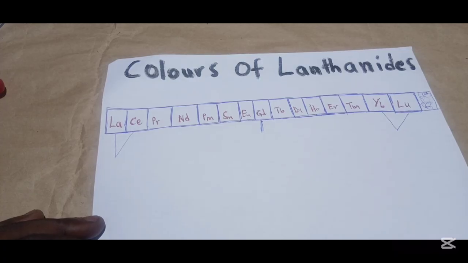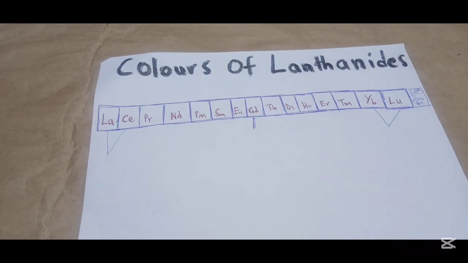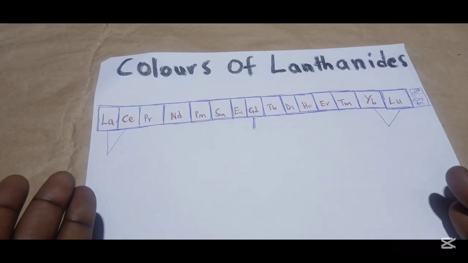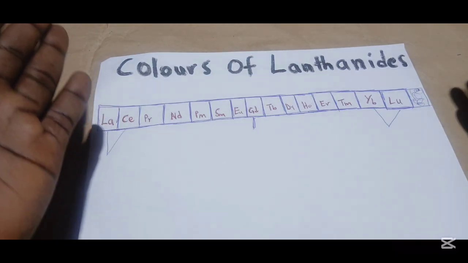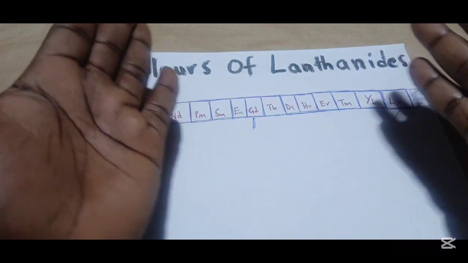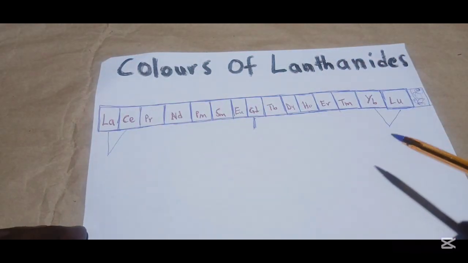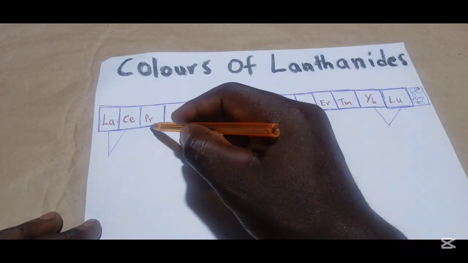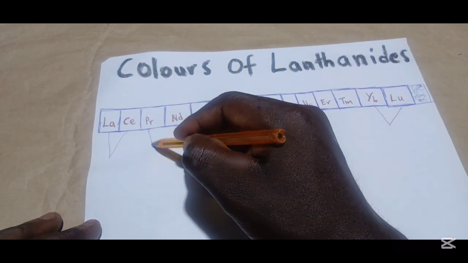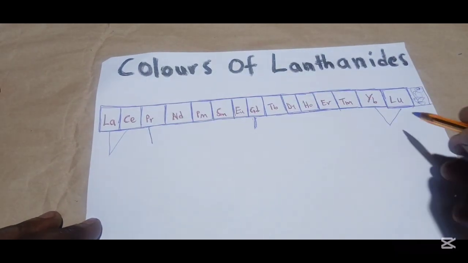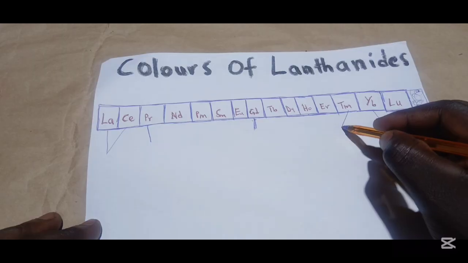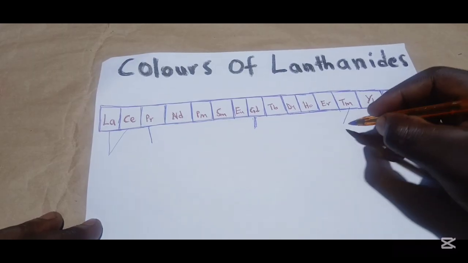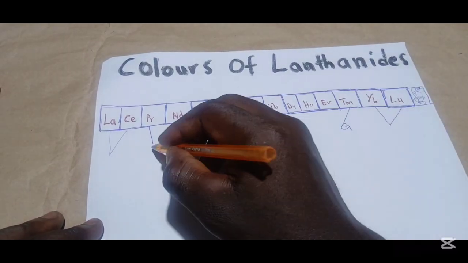Then we now go to G, which is green. So what we'll be doing now is that we pick one from the left, one from the right, one from the left, one from the right, up to a point that we get to the middle element. These are green, green, green.